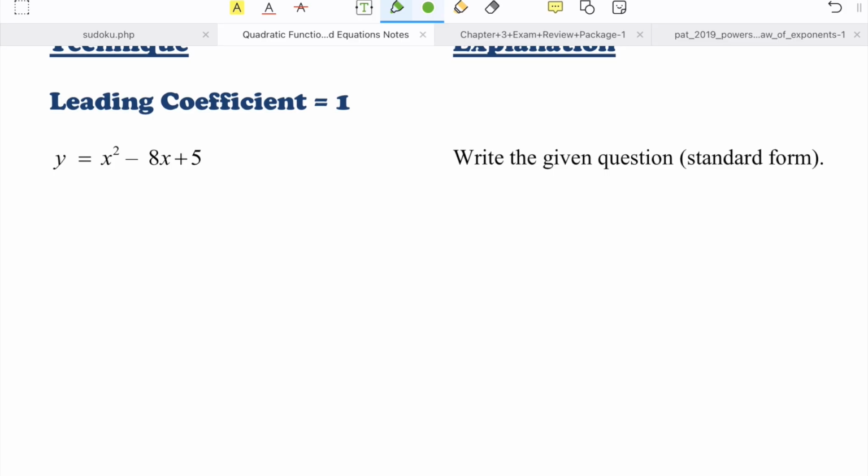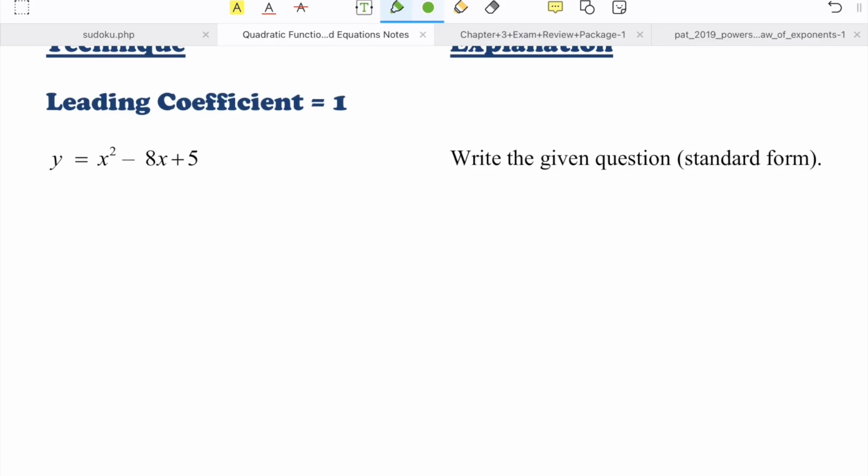Okay, so to make the perfect square from x squared minus 8x plus, what will be our perfect square, it's going to be 2 times negative 4. Negative 4 whole squared is 16. So if I add 16 to this equation, to balance it out, I'll have to subtract 16 as well, right?